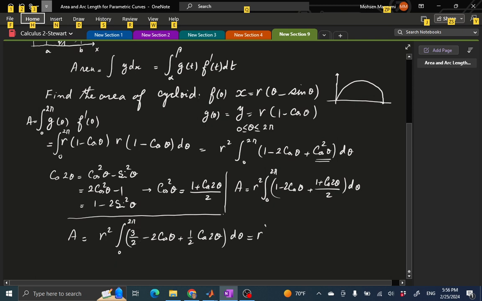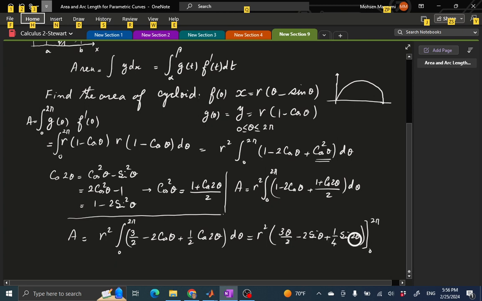But let's go ahead and calculate: r squared times 3 theta over 2 minus 2 sine theta plus 1/4 of sine of 2 theta, between 0 and 2 pi.